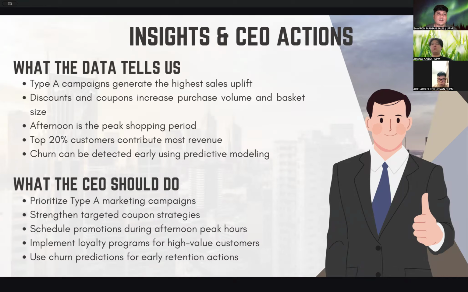Therefore, it is recommended that the CEO prioritize type A marketing campaigns, strengthen targeted coupon strategies, schedule promotions during peak shopping hours, implement loyalty programs for high-value customers, and use churn prediction to support proactive customer retention strategies.